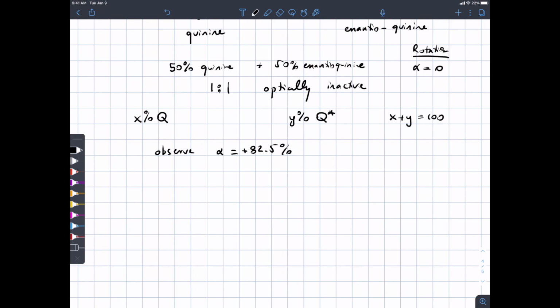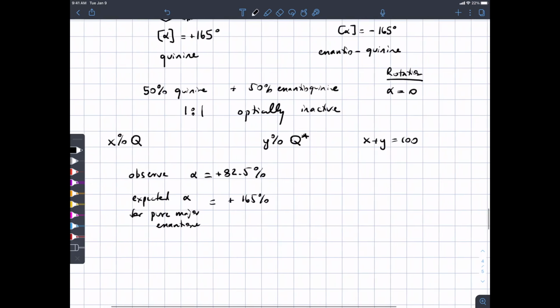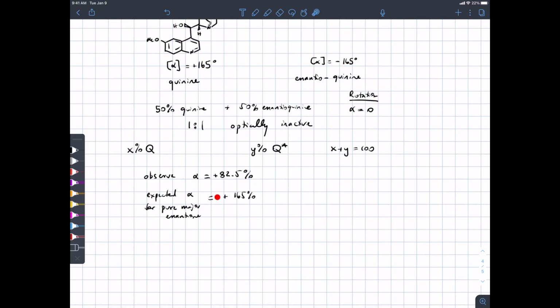And I know that the expected optical rotation for the pure major enantiomer of my mixture is plus 165. So right away, just because of the sign of the optical rotation, I know that Q is the major enantiomer and that Q star is the minor one.